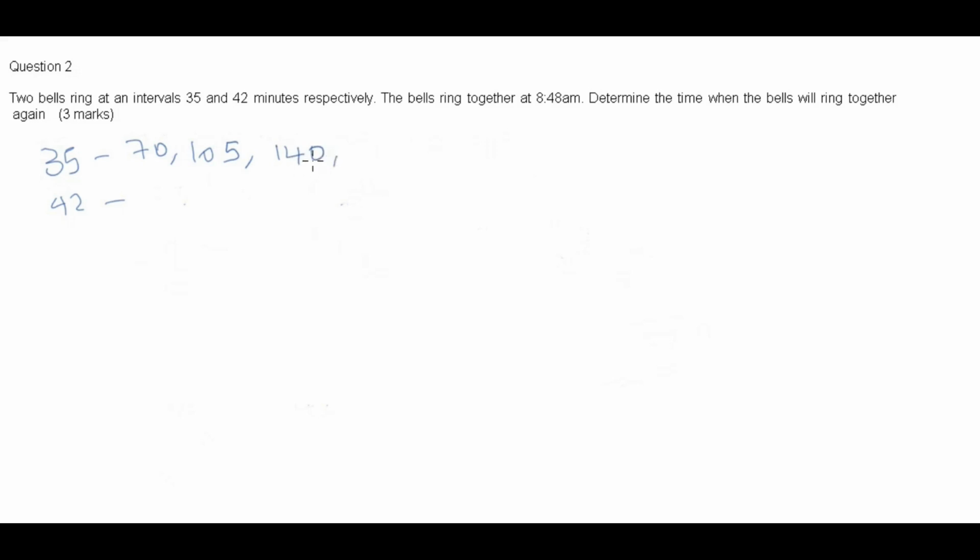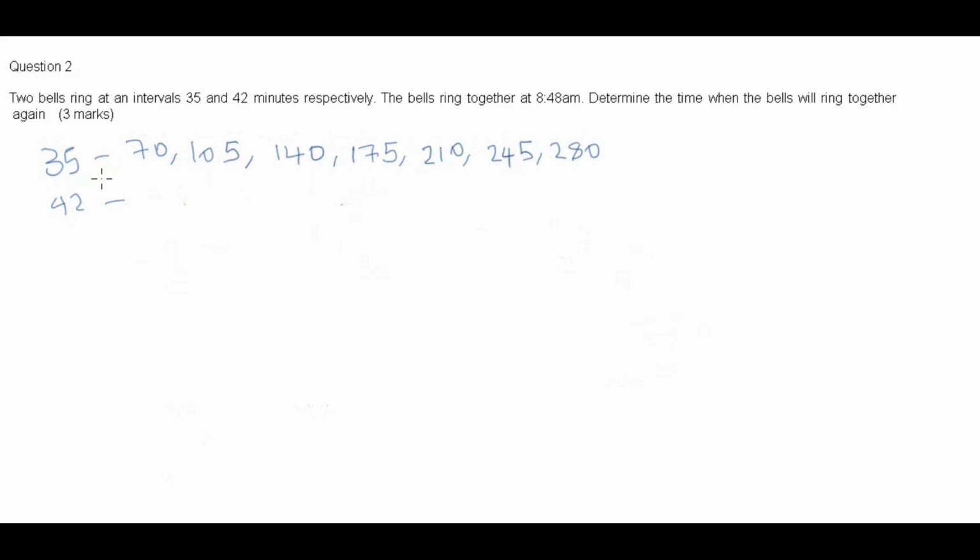So you just add 35, 35, 35 to know when that bell will be ringing again. 140 plus 35 is 175. 175 plus 35 is 210. 210 plus 35 is 245. 245 plus 35 is 280. So we leave it there.